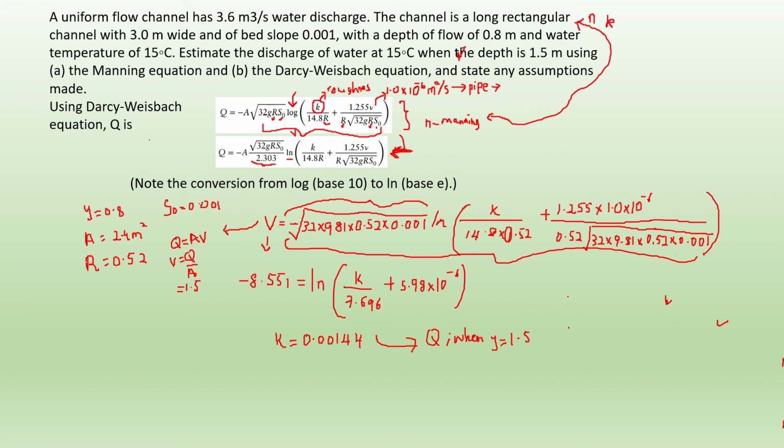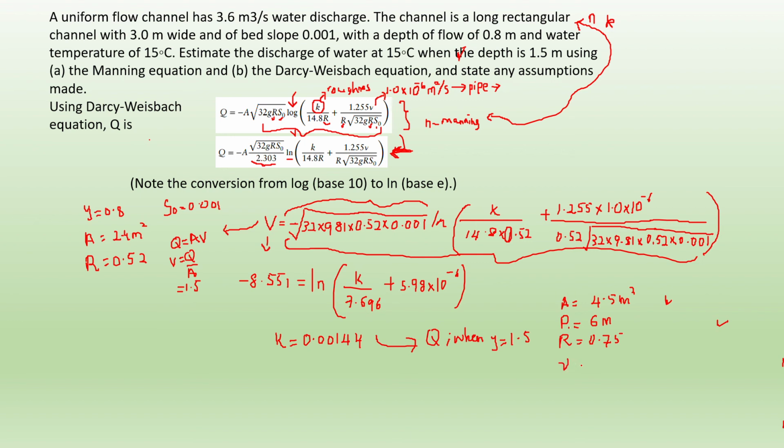First we need to find A. A is 4.5, and P is 6, and R is 0.75.